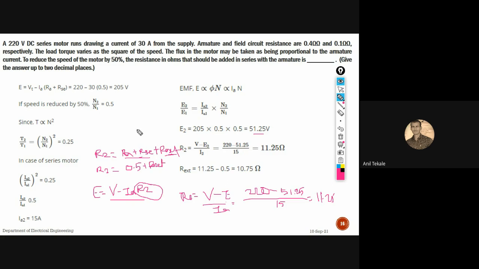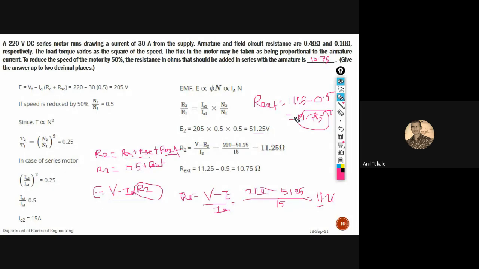So R external is R2, 11.25, minus 0.5, and we will get 10.75. 10.75 ohm is the right answer, and you have to write that here. That is the accurate answer.